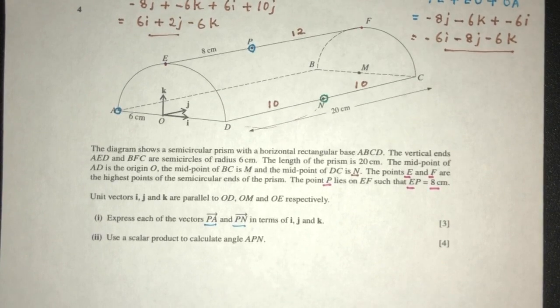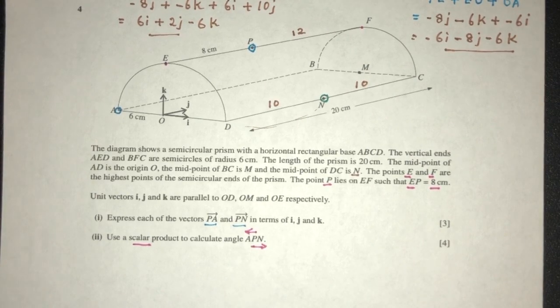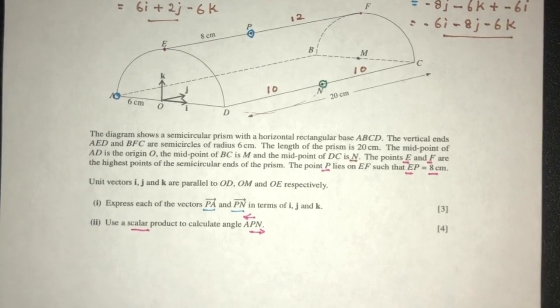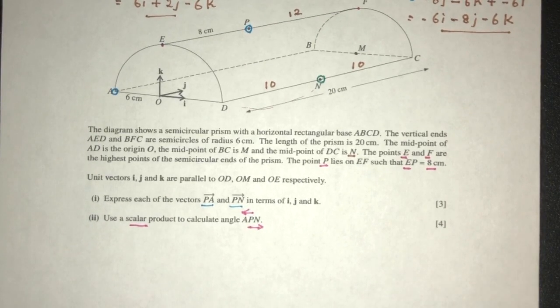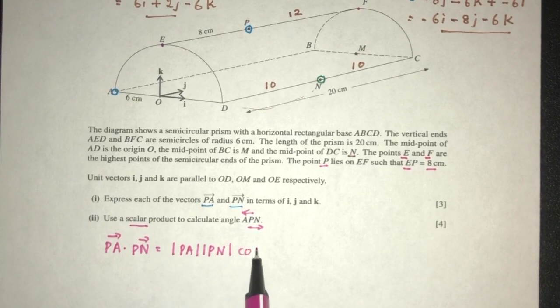Now moving on. We have to use the scalar product to find the angle APN. So from P, this, and this. Now we have all the vectors we need already. We just need to use the formula we know for finding the angle, which is PA dot PN, that will be the magnitude of PA, times the magnitude of PN, cos of the angle APN.